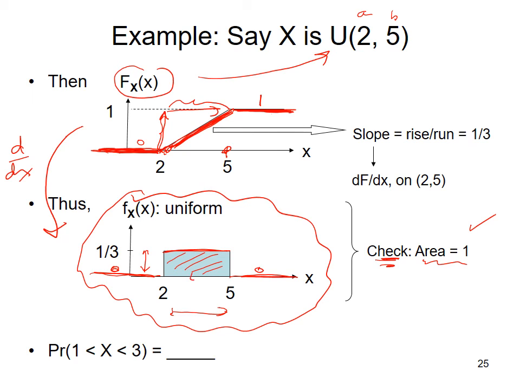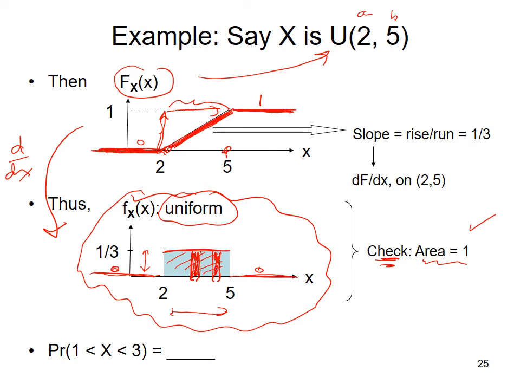So if I took a little chunk of width dx, and looked at the area under the curve there, and took another little chunk over here of the same dx and found the area under the curve there, this area of width dx would be the same as this area of width dx. So every little chunk dx has the same amount of probability associated with it. That's why it has the name uniform. It doesn't really have much to do with the ramp function up here.